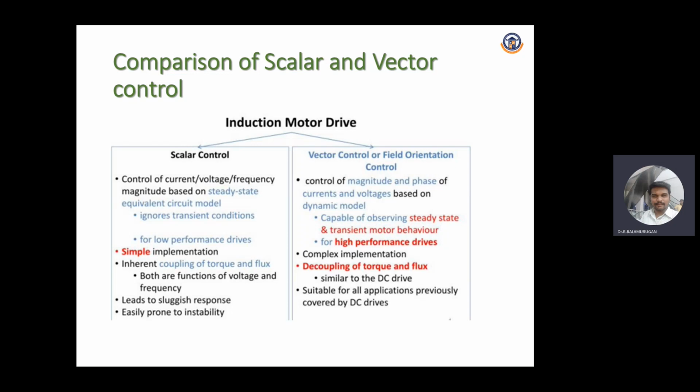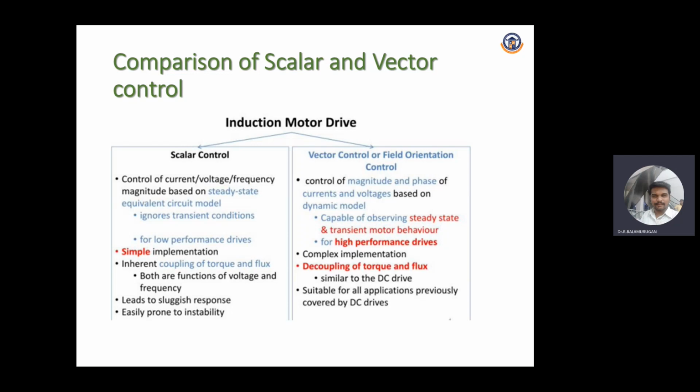You have to observe the vectors, and the calculations will be more. In scalar control, the coupling of torque and flux is there, so both are functions of voltage and frequency. But in vector control drive, both are decoupled in nature, similar to that of the DC drive.